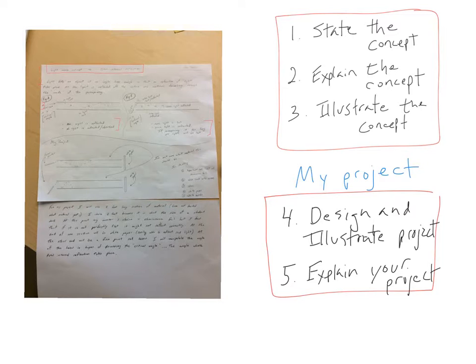I do understand that the design and illustration along with your explanation of your project is a little bit abstract because you're not actually doing it at the same time, and so there will be some things that are up in the air.